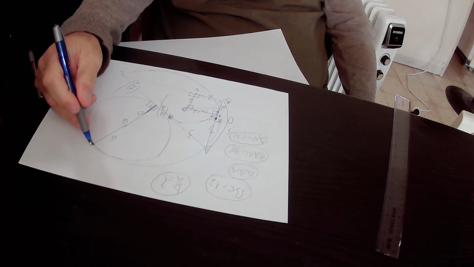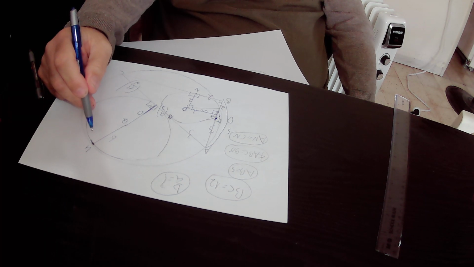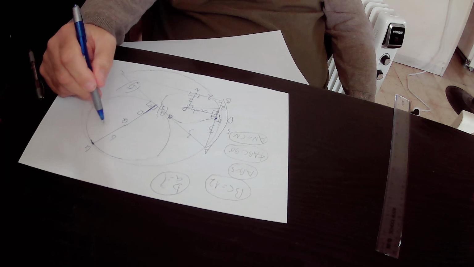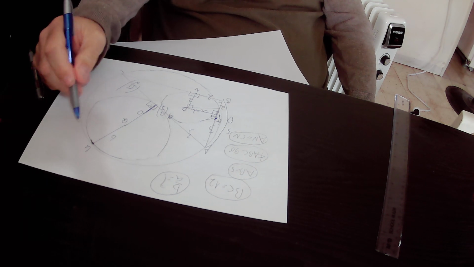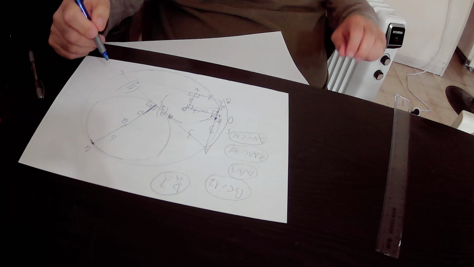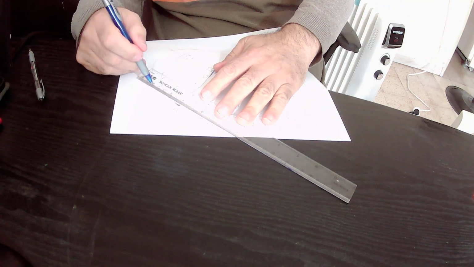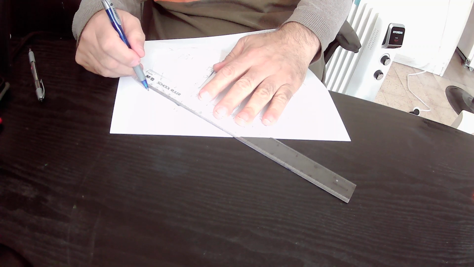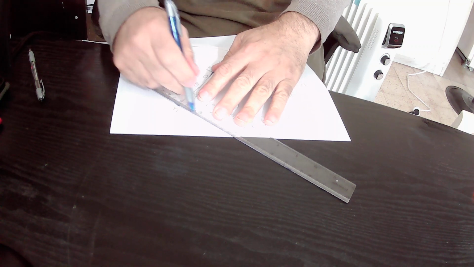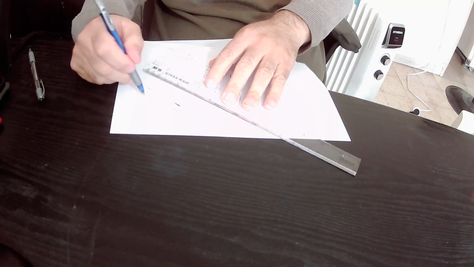We define this point as point U. At point U, this circle touches the biggest circle. Here we will build tangent VW.